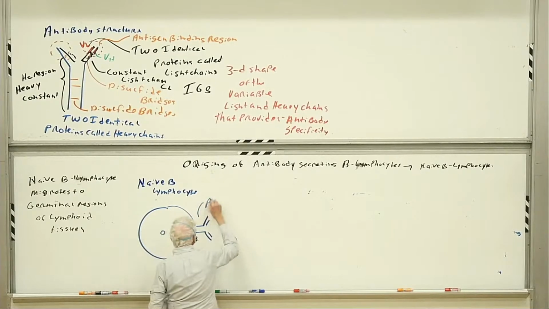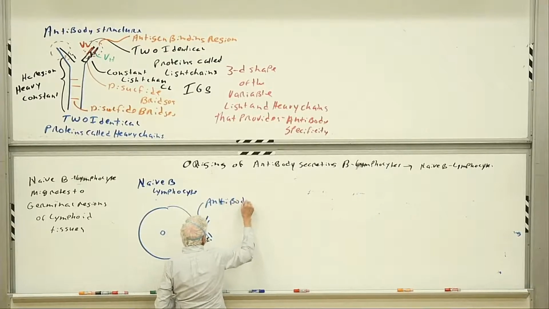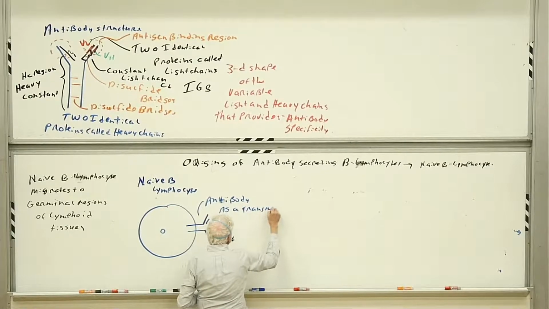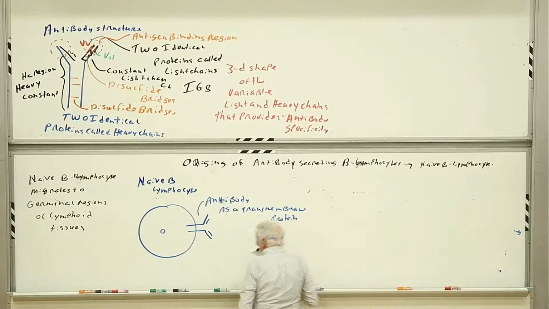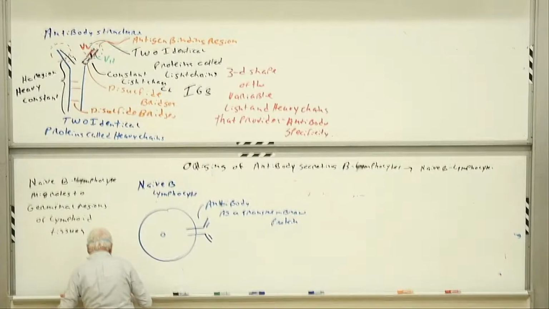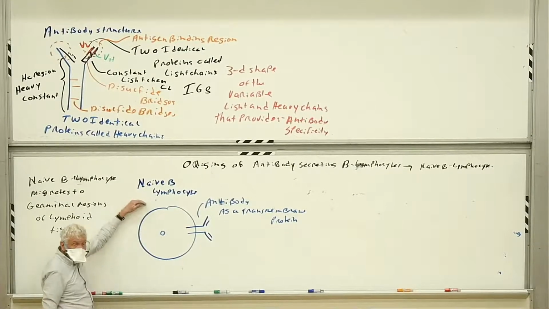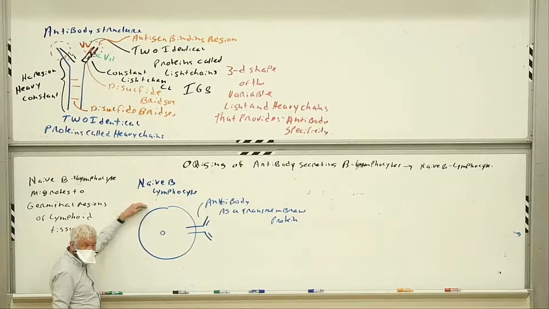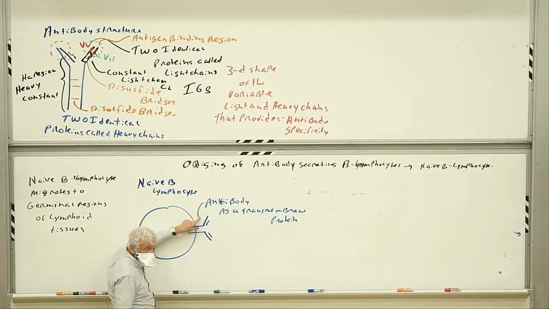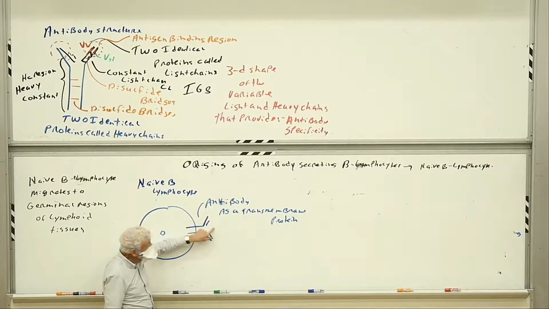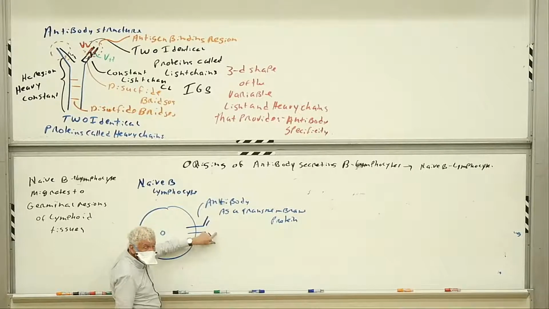This is an antibody, as a transmembrane protein. The story here is going to be pretty similar to what we talked about for macrophages. And then we're going to see that these naive B lymphocytes can be professional antigen-presenting cells. And so this transmembrane protein version of this antibody will be sitting on its cell in a germinal region.